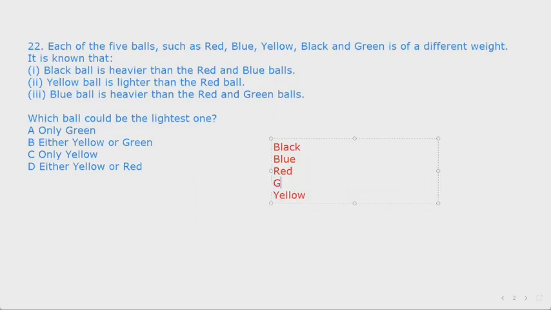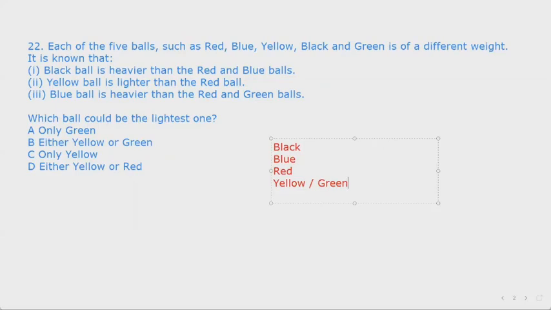Green could be here or green could be here as well. So green's scenario is not clear, and for that reason we'll go with option B. So option B is our right answer.